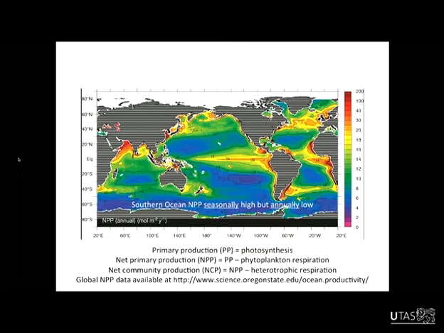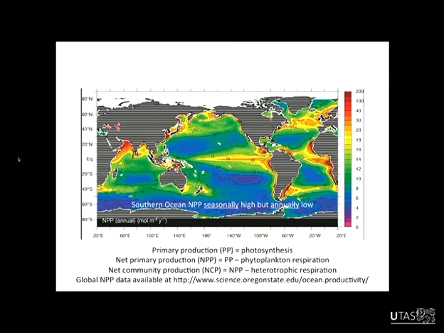So phytoplankton respiration is just another word for phytoplankton using some of the energy that they've generated in photosynthesis to do things like reproduce and maintain their cells. And then what we call net community production, or NCP, is basically this term minus another loss term, which is the heterotrophic respiration. So this is things like zooplankton consuming phytoplankton or bacterial processes degrading phytoplankton cells.